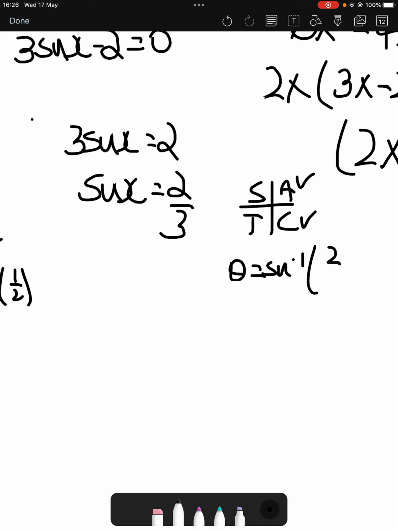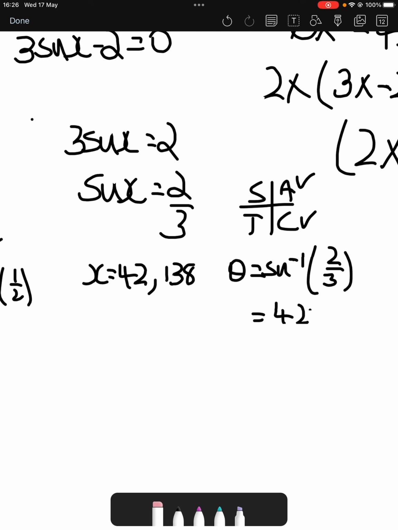Sine to the minus 1 of 2 over 3, which is 41.8, so roughly 42. So x is going to be 42 and, I did the wrong thing, 180 minus 42. Positive sine.